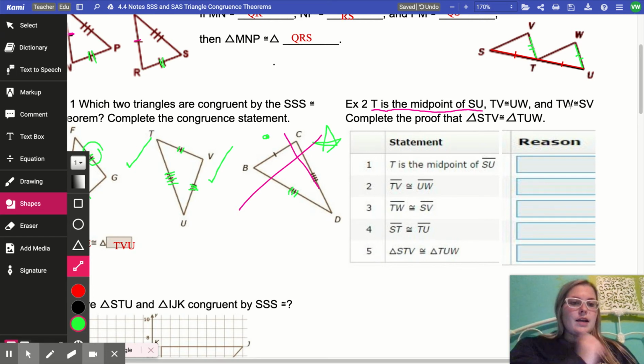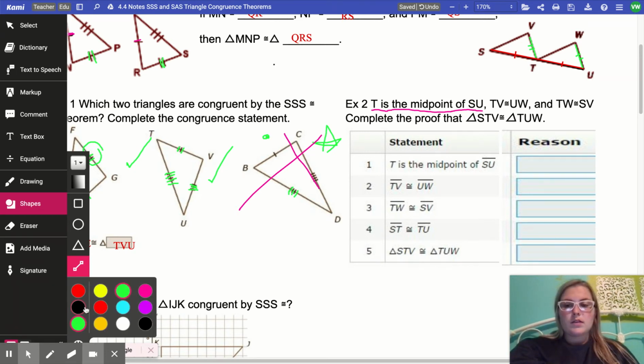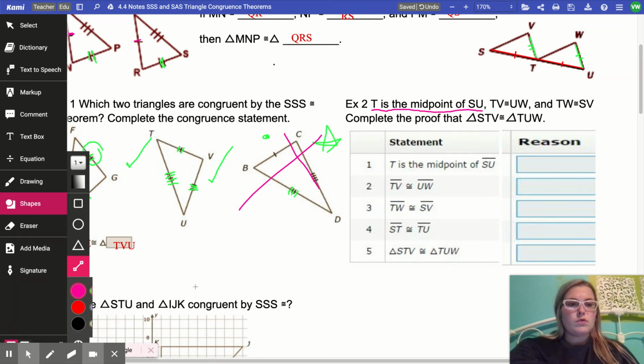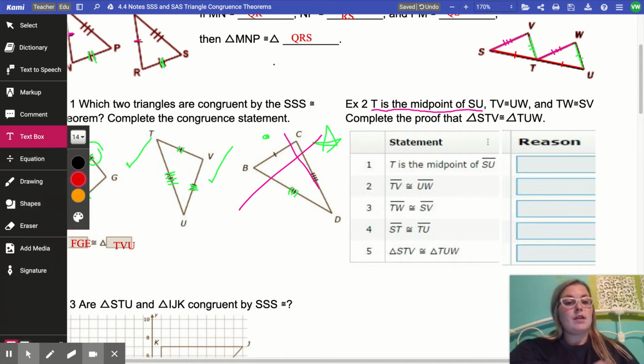And then lastly, it gives me that TW is congruent to SV. So from T to W and from S to V, those are congruent to each other. So this lovely proof gave us 3 things given right off the bat. So we have 3 things that we can mark as given and get 3 points.